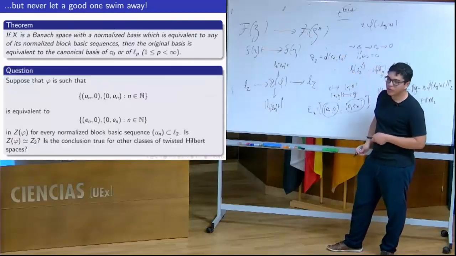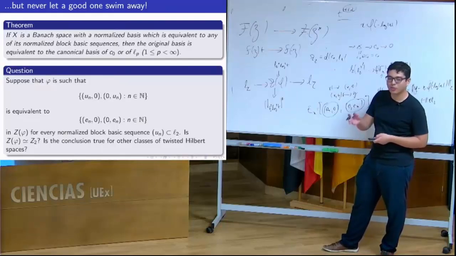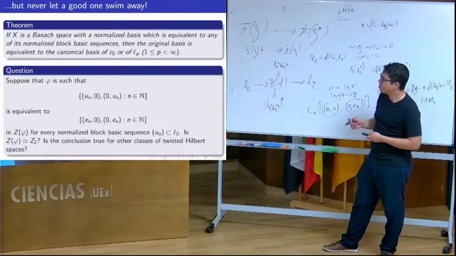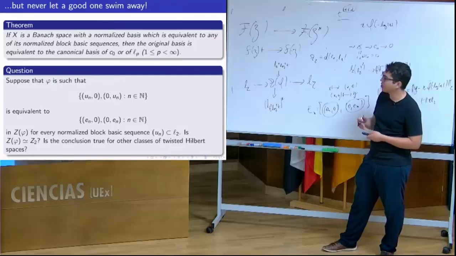So here's my question / conjecture, which I learned this week is also from Felix Cabello. Suppose you have a phi, a Lipschitz map, a bi-Lipschitz map, and you take blocks from L2. So u_n is a sequence of blocks from L2. And consider this sequence of blocks inside the space Z phi.